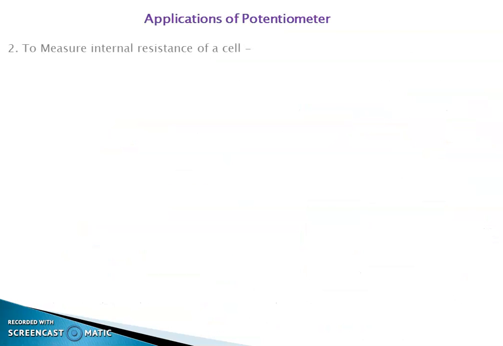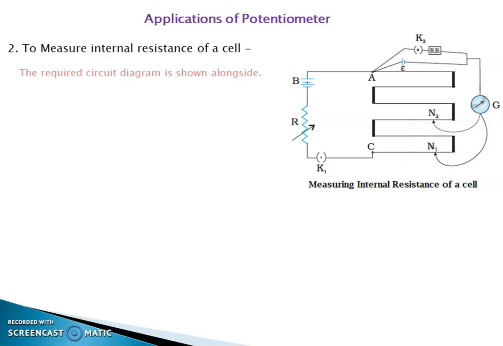Now this is the second application. Here we are measuring the internal resistance. There is only one cell here. This is a resistance box from where we offer resistance in the circuit. This is a key. Again this is a galvanometer connected with a jockey.